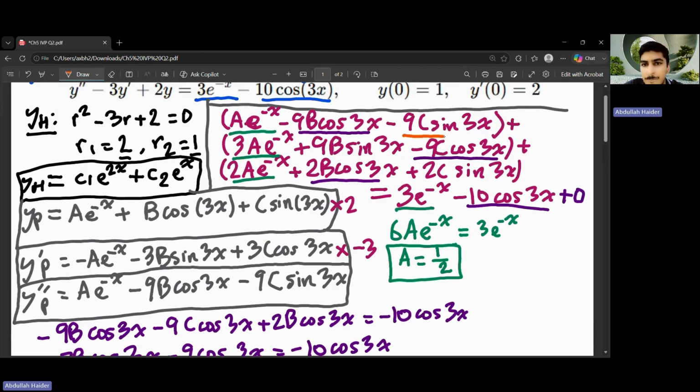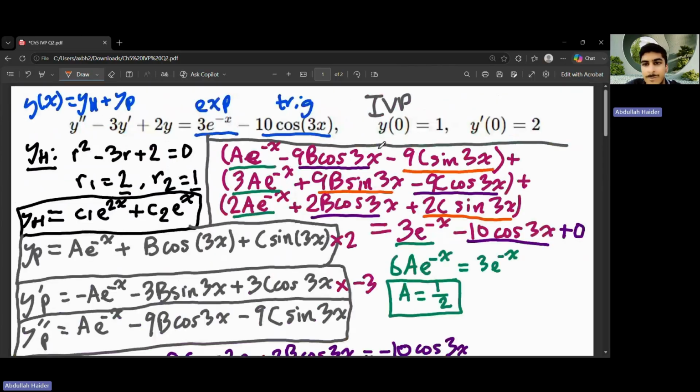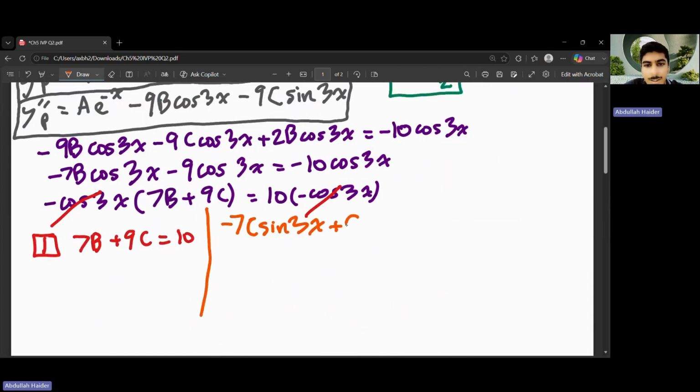So we have a sine here, a sine here, and a sine here. This will give minus 9c plus 2c, which is minus 7c sine 3x, plus 9b sine 3x.